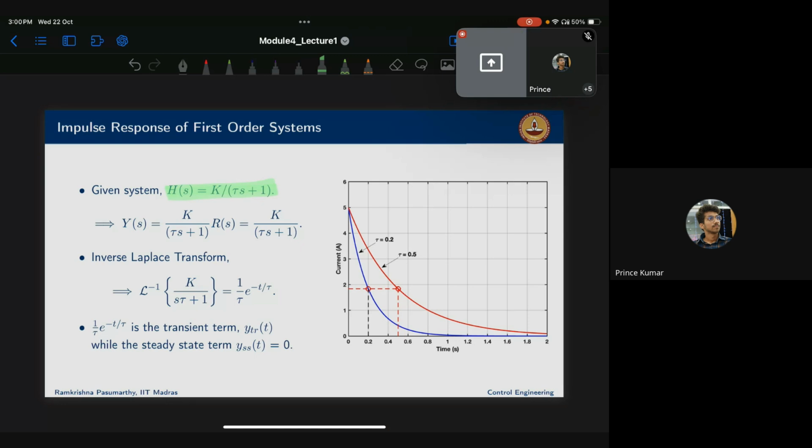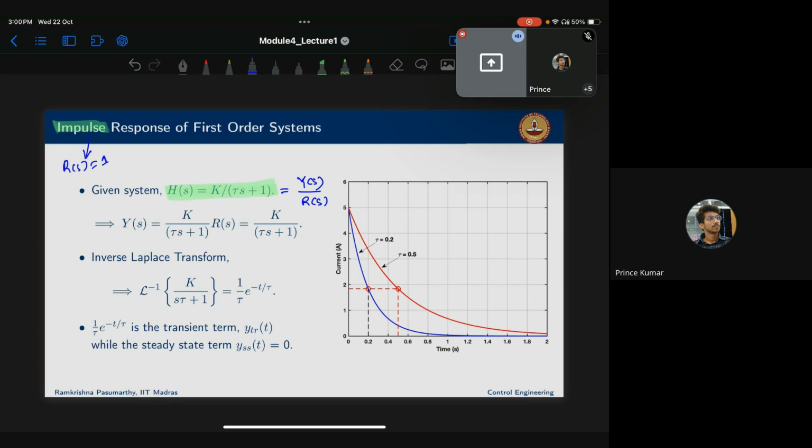Now the transfer function says Y(s) by R(s), correct? Now take your R(s) as an impulse signal, unit impulse. That means R(s) is going to be 1.